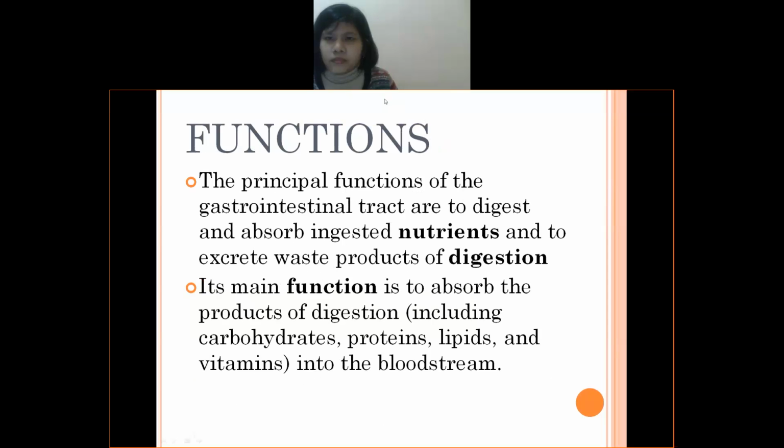The functions of the digestive system are the principal functions of the gastrointestinal tract: to digest and absorb, not observe. Absorb means they take in. Understand? Okay.